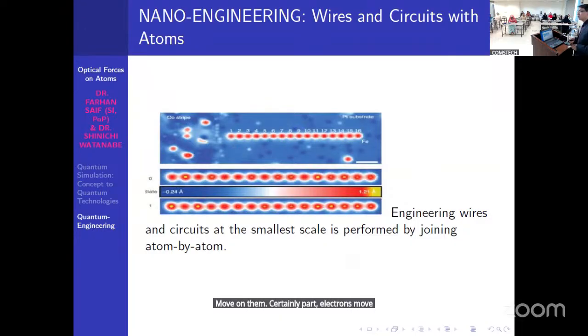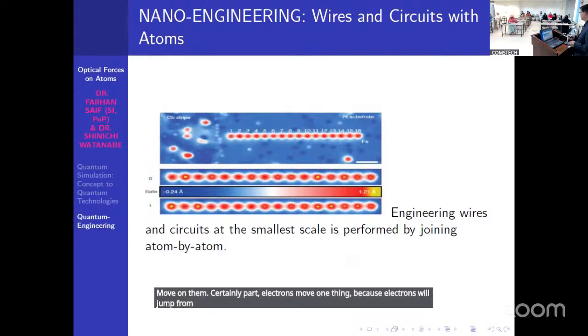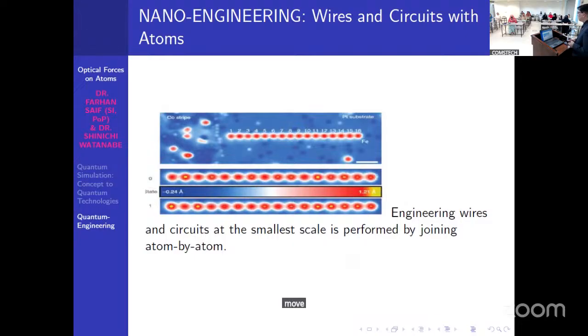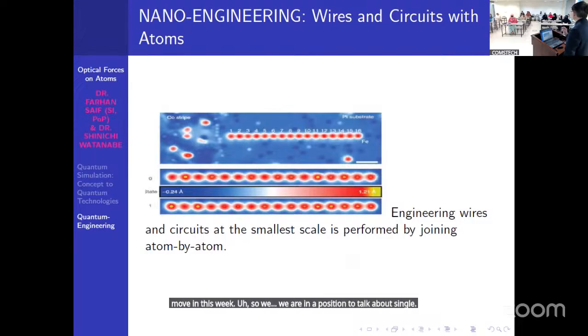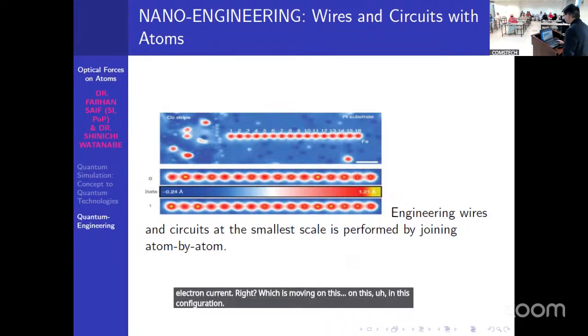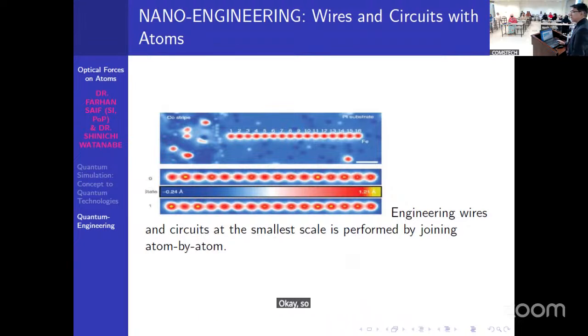The electron will jump from one atom to the other atom and move in this way. So we are in a position to talk about single electron current, which is moving in this configuration.